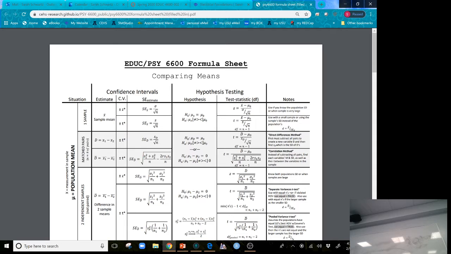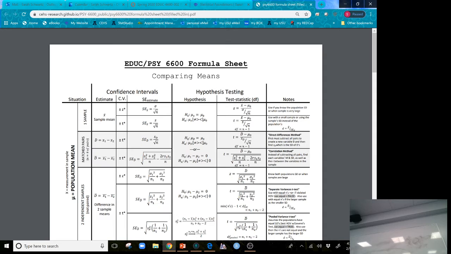Usually we either have a smaller sample or we're using the sample standard deviation. In that case, when we're using little s instead of sigma, that's a t-test instead of a z-test. And we have to have the associated degrees of freedom. The formula for degrees of freedom is sample size minus 1.